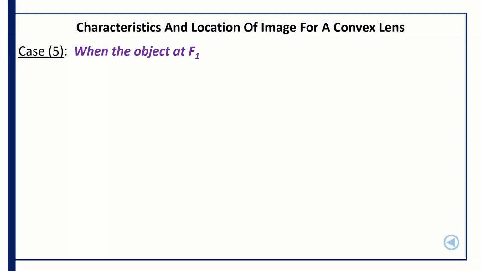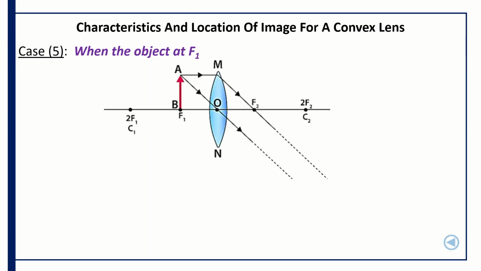When we keep the object at f1, at the focal point of the lens, what do we get? The ray which is coming out parallel to the principal axis will pass through the principal focus f2, and the other ray which is coming out from the optical center is also passing undeviated. The rays are almost parallel, so when they have to meet or intersect, the point is at infinity.